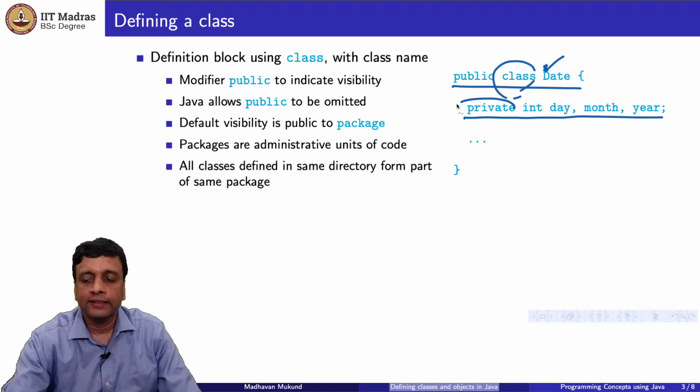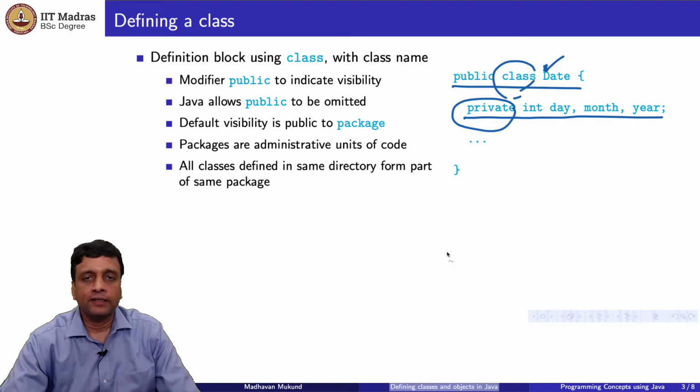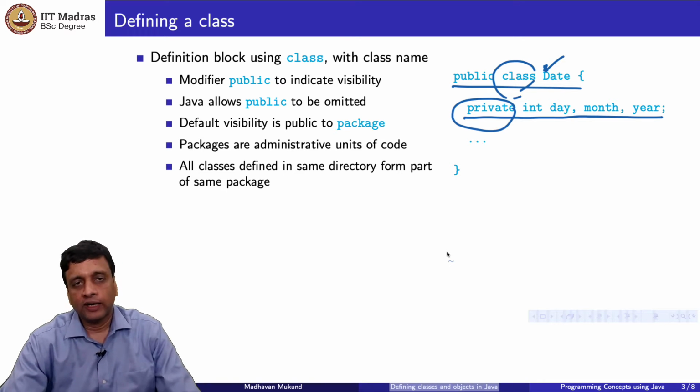So here we are saying that these three values, day, month and year, are going to be instance variables of Date, and they're going to be private. That is, each object will have its own copy of this, but it will not be visible from outside Date.